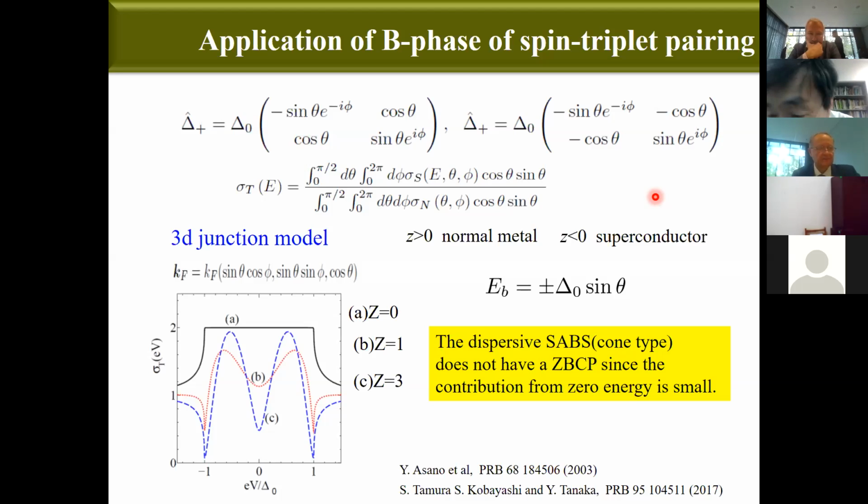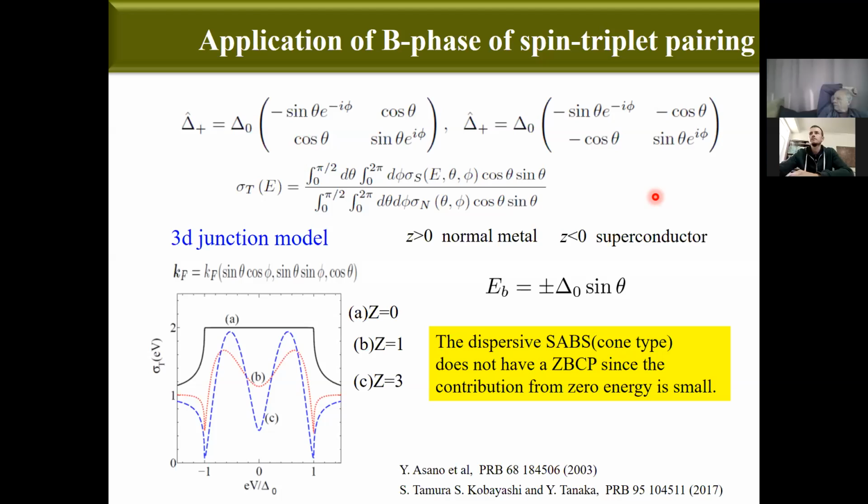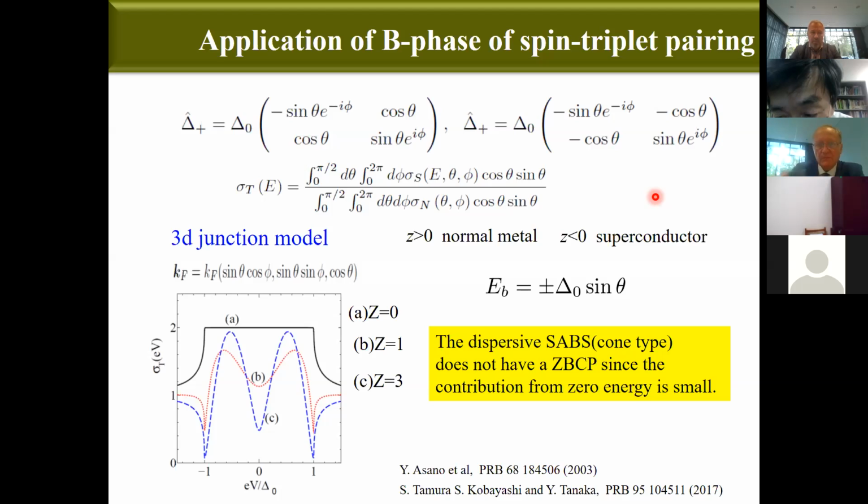Okay. Maybe you are mentioning Brandt's theory. Is it relevant to Brandt's theory? So I understand what you want to say. In the triplet case, whether the node is stable or not must be checked quite carefully. Yes, I agree. I have studied such a problem with Dr. Kobayashi before.